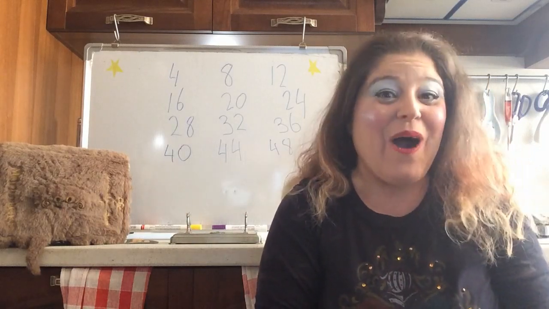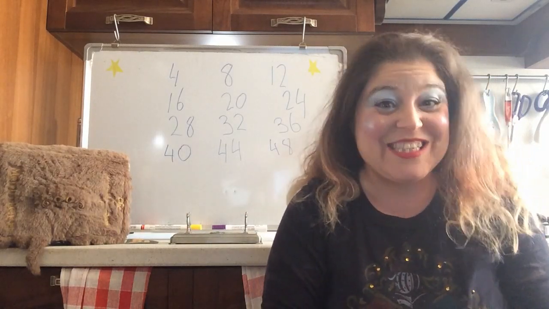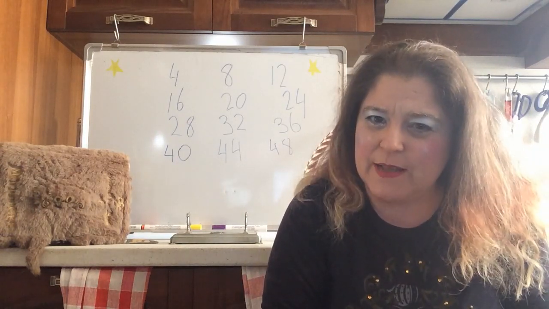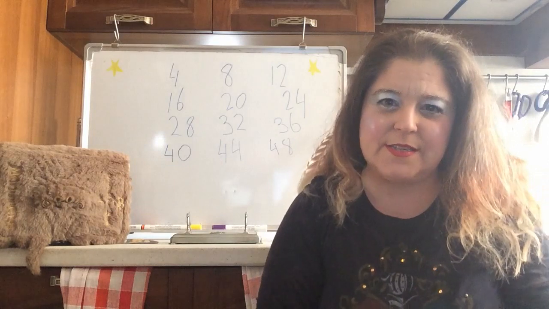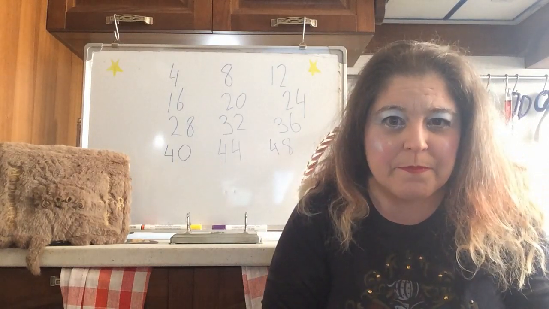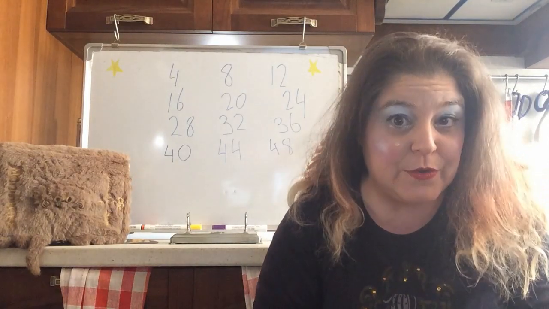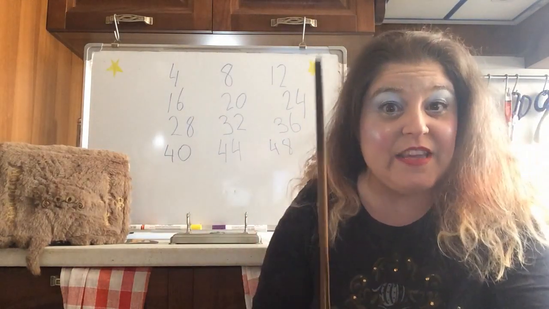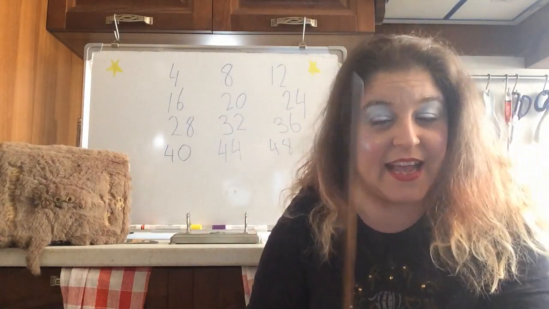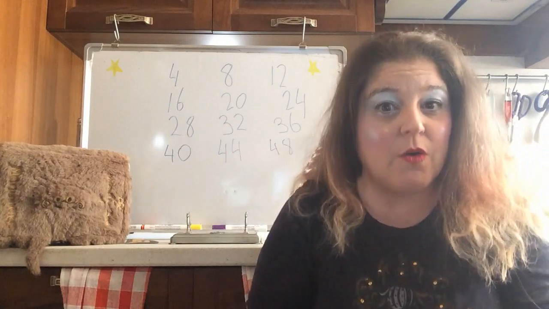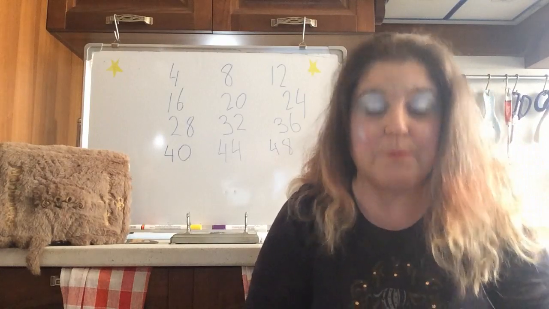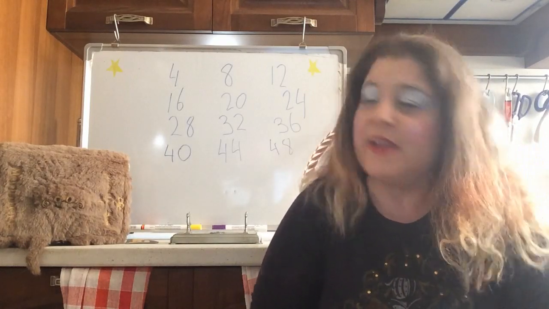Now that we've written all of the multiples of 4 until 48, take a close look at them. Look at them carefully and tell me what you notice about them. Very good. Some of you have noticed that they are all even numbers. Excellent, because they are also multiples of 2. They are even numbers, just like multiples of 2 are.